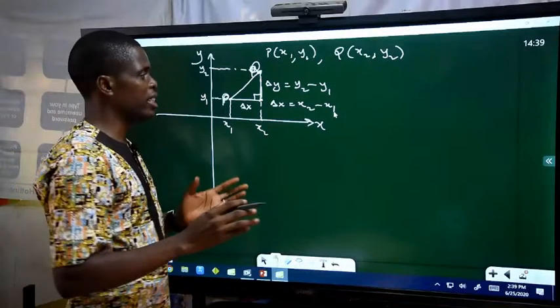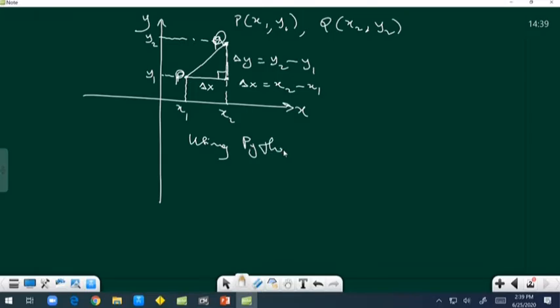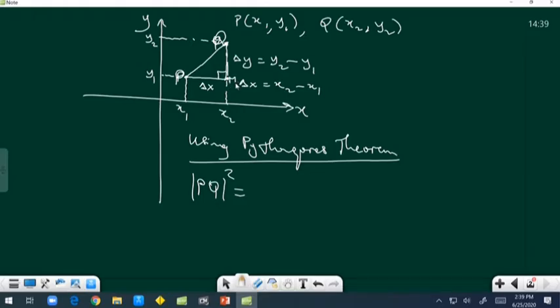So using Pythagoras theorem, and considering here to be point M, PQ squared is equal to PM squared plus QM squared.